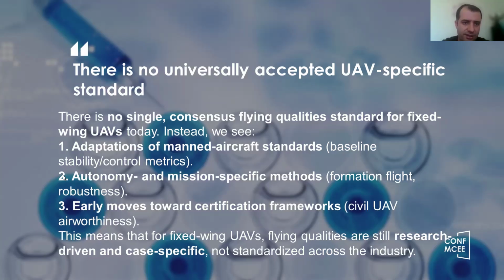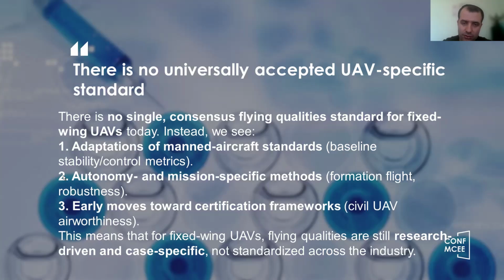At present, there is no universally accepted UAV-specific standard for flying qualities of fixed-wing UAVs. The field is still fragmented, with different approaches depending on UAV size, mission, and level of autonomy.